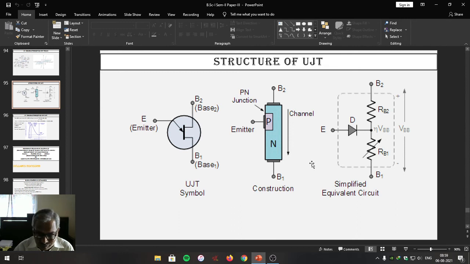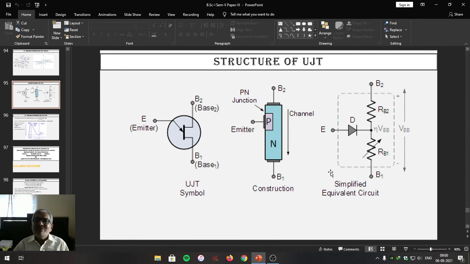When the voltage across that PN junction becomes equal to Vp, that is Vd, the voltage across the PN junction diode, plus eta times VBB, that is the peak voltage. After that, current starts decreasing, even though voltage is increased. This particular region, within which there is a decrease in current whereas voltage increases, is known as the negative resistance region of UJT.